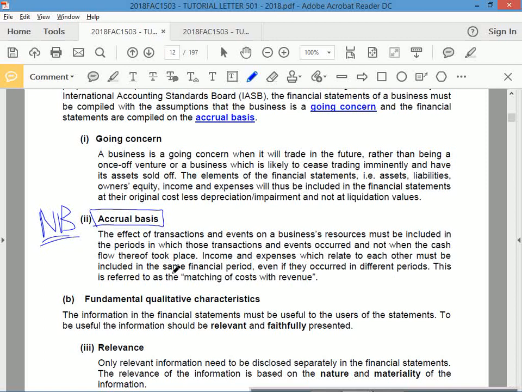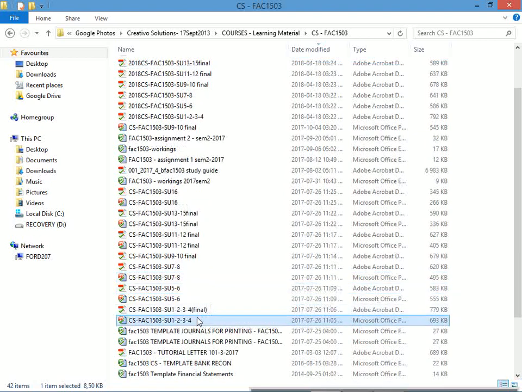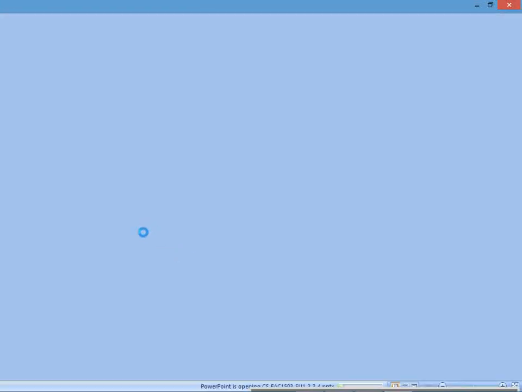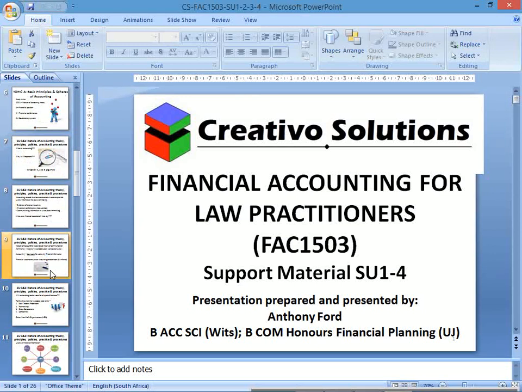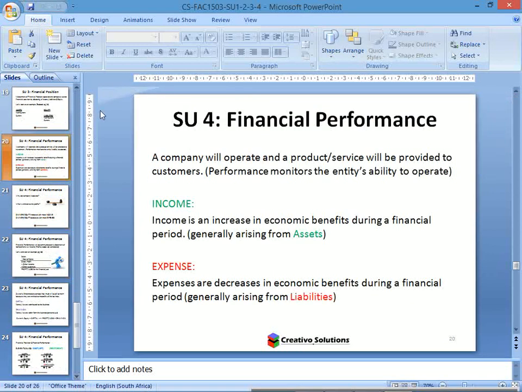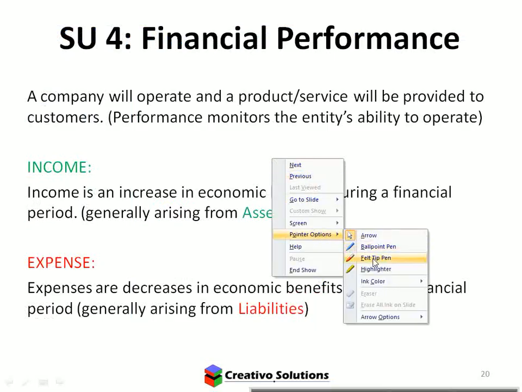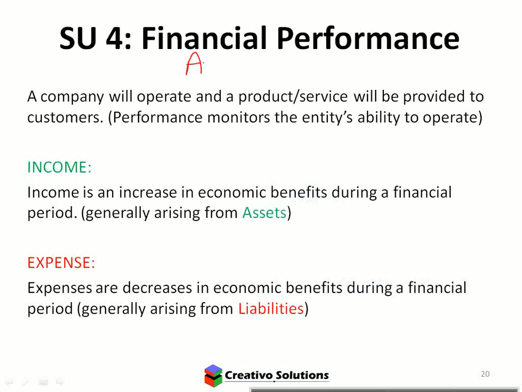So I spoke about income. Maybe if you want to, you could even add it to this page here. Let me open up those slides again. Let's go back to the income one, financial position, performance. Here it is. We can add something to here. We can add the word accrual.